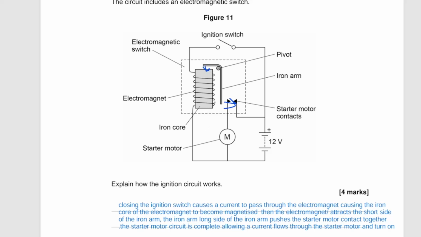And then the long side of the iron arm pushes the starter motor contacts together, and since the starter motor circuit is now complete, a current flows through the starter motor, allowing it to turn on. So basically, the magnet activates, that goes in, the pivot forces that to go out and causes the starter motor to turn on.